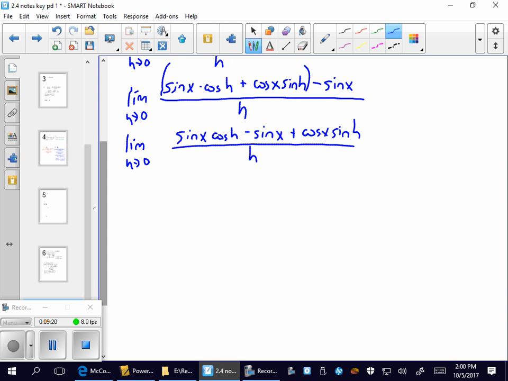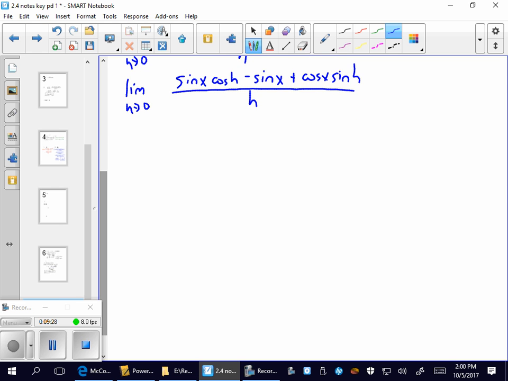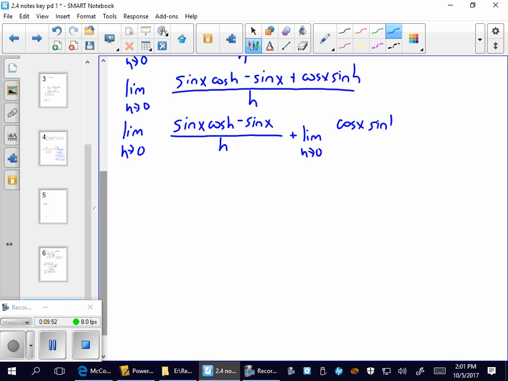All right, well, I can split the numerator because I have one singular denominator, so I'm going to go ahead and split this. I'm going to leave the two parts with the sine over top of h, so it'll be sine of x cosine h minus sine of x over h plus the limit as h approaches 0 of cosine x sine of h over h.